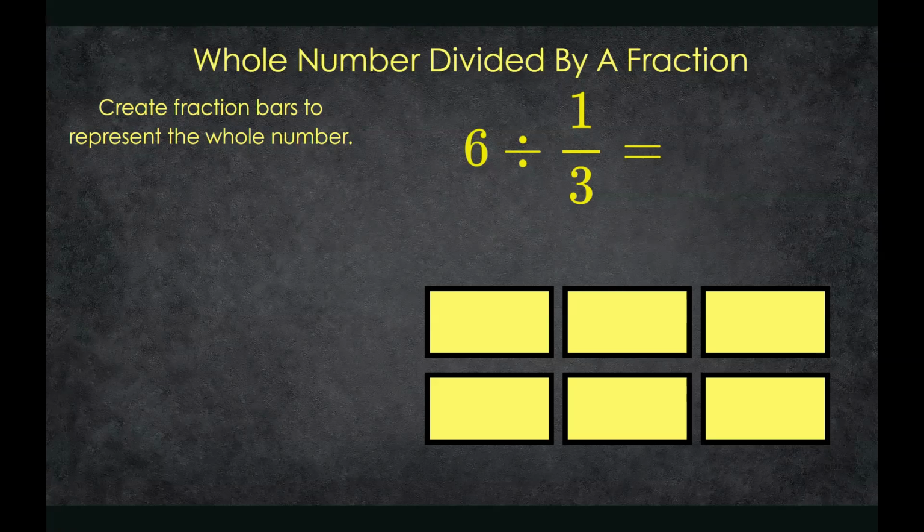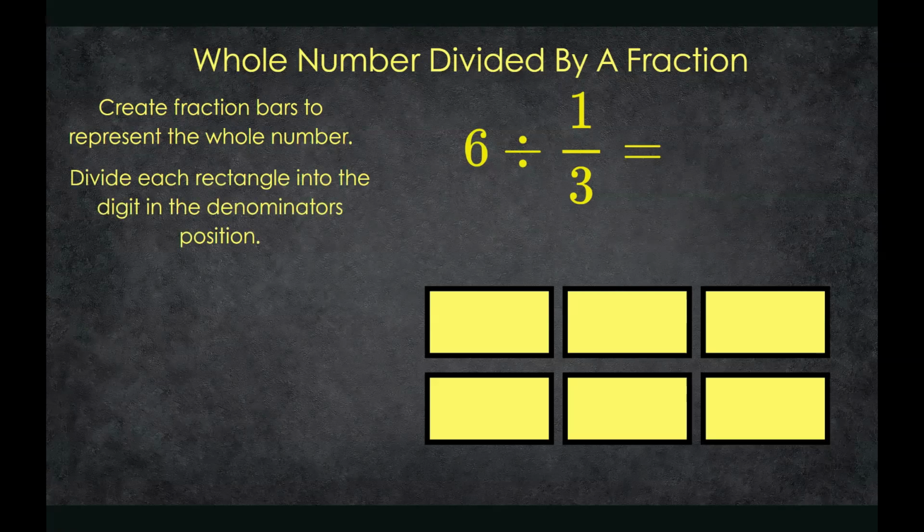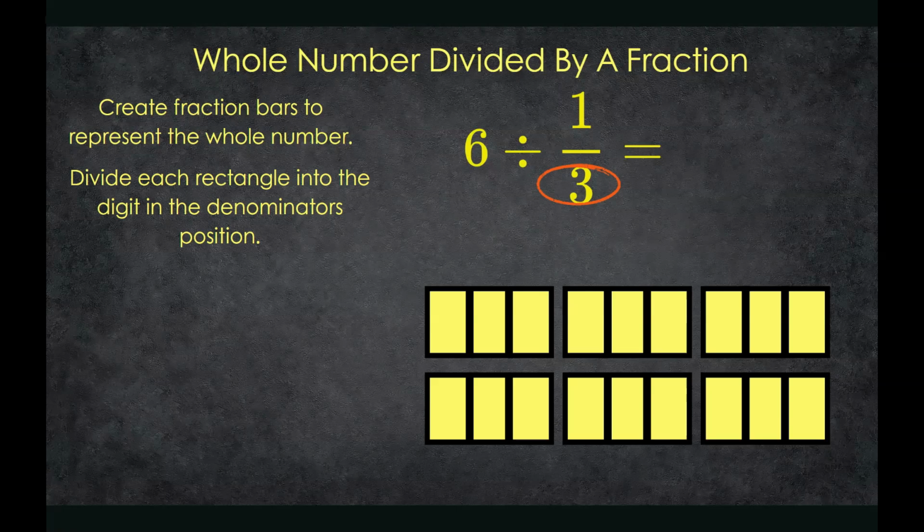Now, the next step is to look at the denominator of the fraction, which is 3, and that's going to tell me how to split up these fraction bars. I'm going to be splitting them up into thirds, and I'm going to do that for all 6.